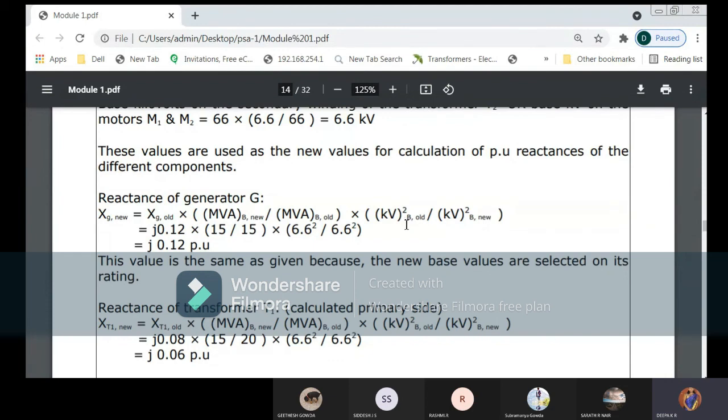In the generator equation they have given 6.6, so 6.6 square divided by the new value which exists on the generator side. You can calculate or assume the first case as 6.6 whole square. Just calculate this and tell me, is it the same answer you are getting? j0.12. Check it out.